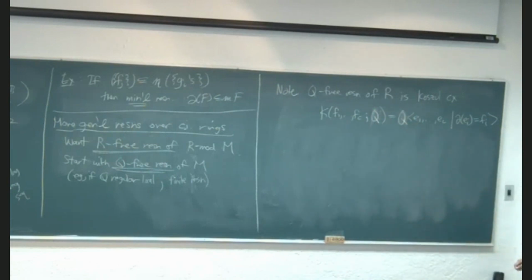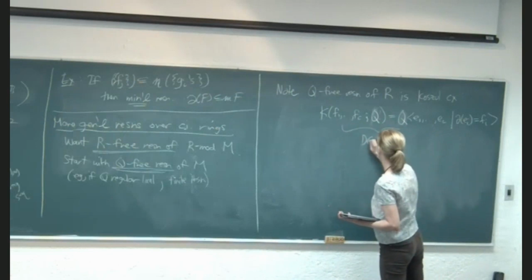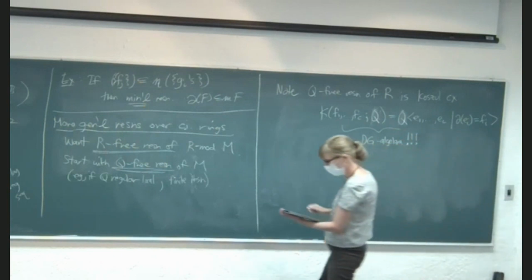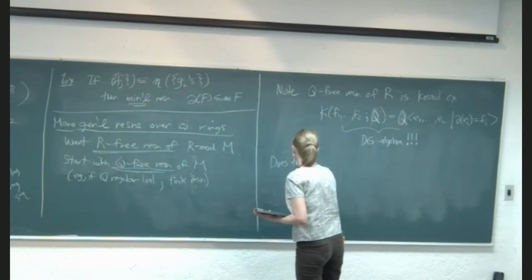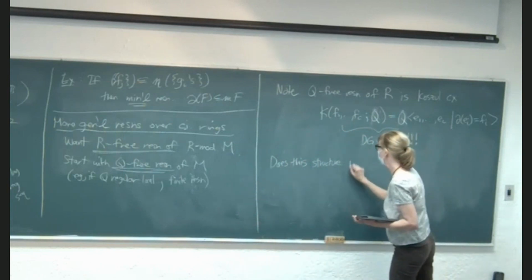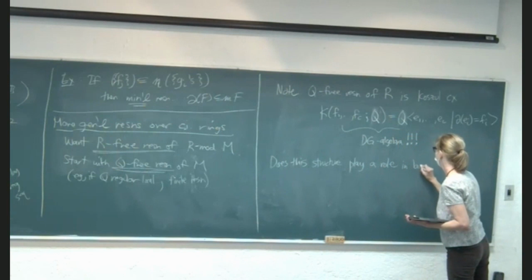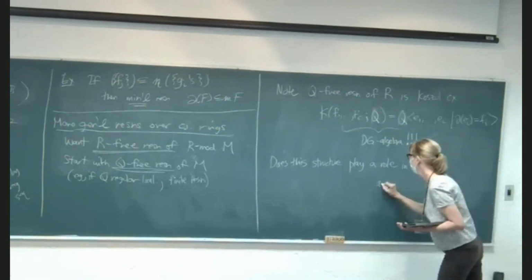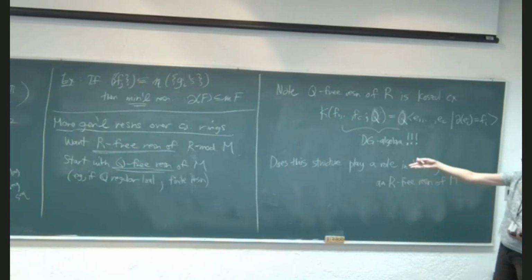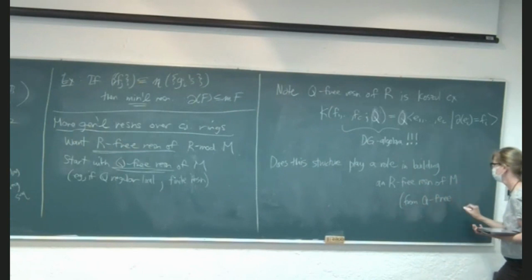Okay. So the question is, and this is this DG algebra, does this structure, namely that it's a DG algebra, play a role in building an R-free resolution of M from the Q-free one?